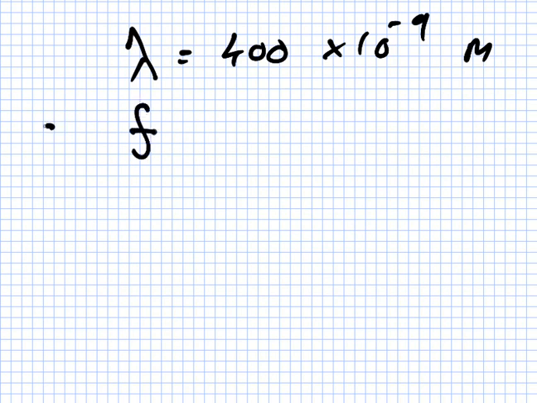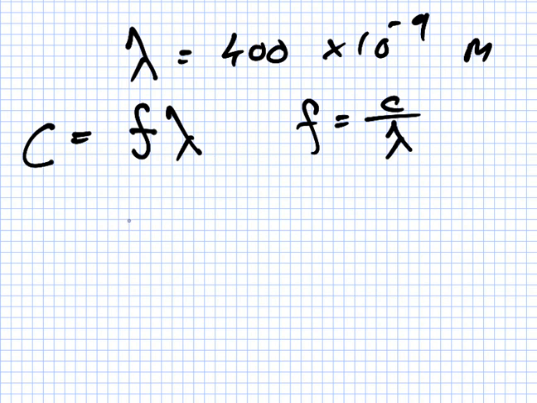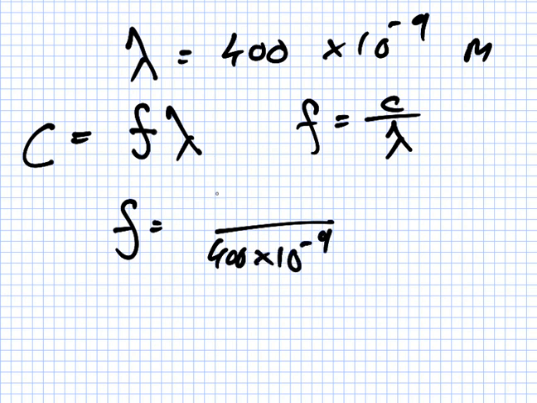Yeah, that one there. c equals f lambda. So f equals c over lambda. So f equals 3 multiplied by 10 to the 8, over 400 multiplied by 10 to the minus 9. Can you calculate this for me, please? And it'll be in hertz.